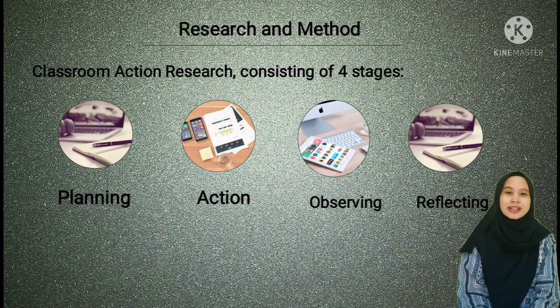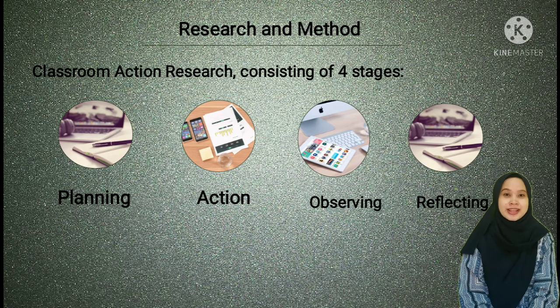This journal uses classroom action research as its method and is divided into 2 cycles as part of obtaining data. Classroom action research cycles consist of 4 stages: planning, action, observing, and reflecting. During the implementation of cycle 1 and 2, researchers applied an observation sheet and assessment.